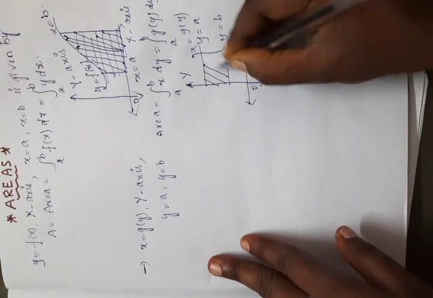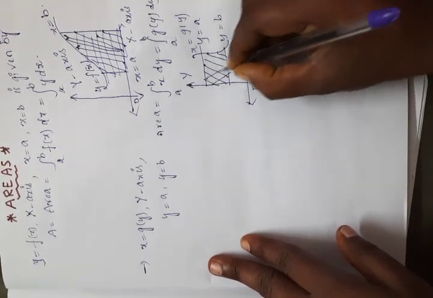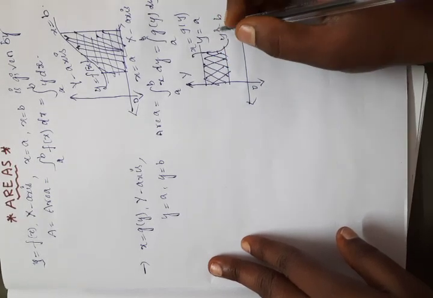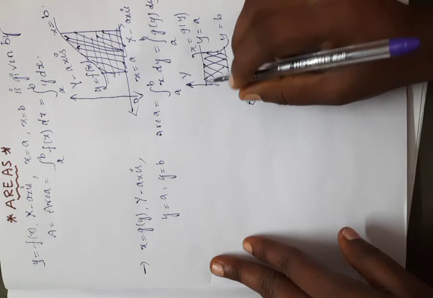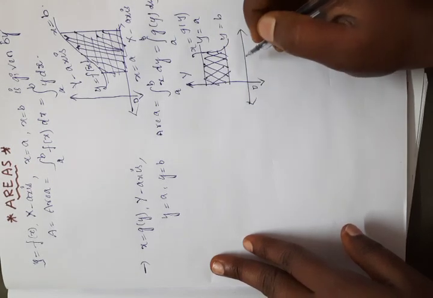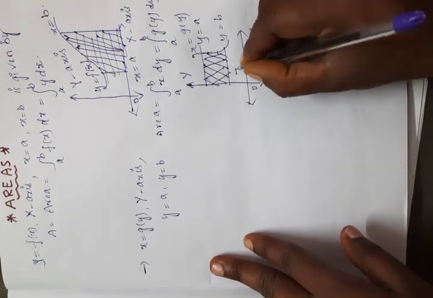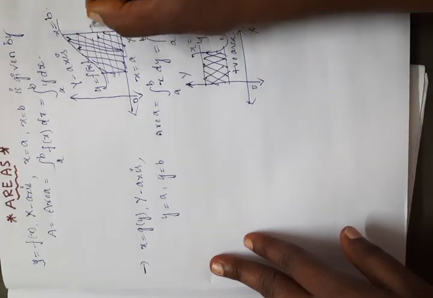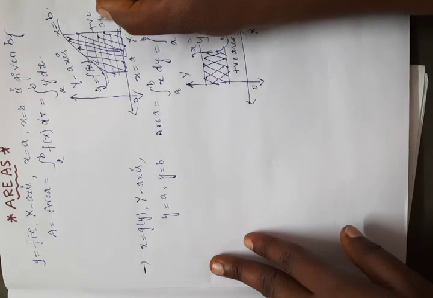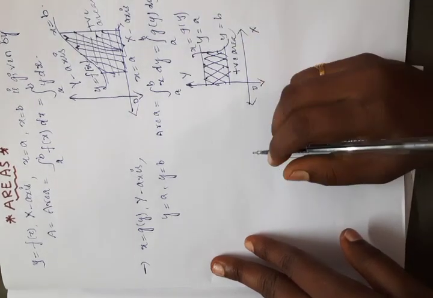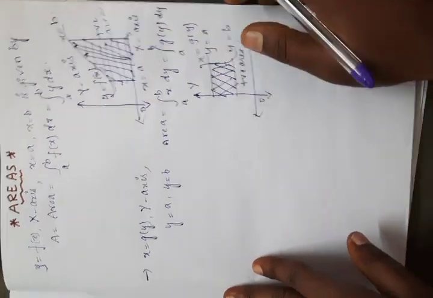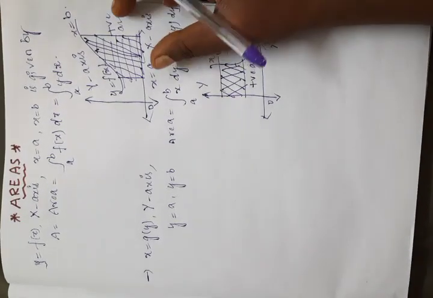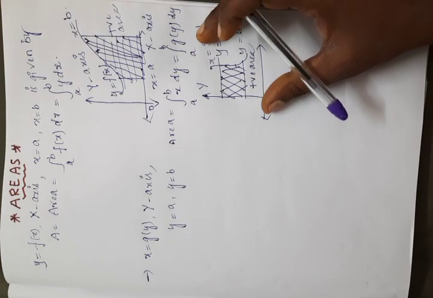So this is the area bounded by the curve x equal to g of y, the y-axis and the ordinates y equal to a, y equal to b. This is known as positive area. This area is also known as positive area. So these two areas are positive because they are on positive x-axis and positive y-axis.